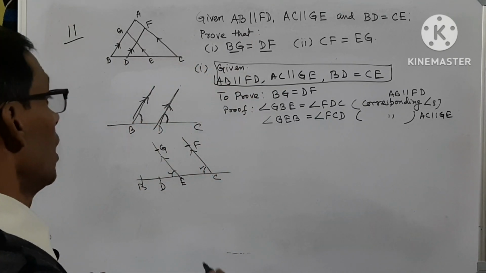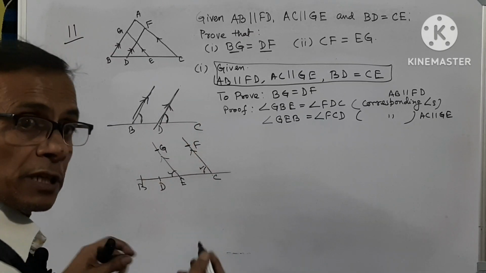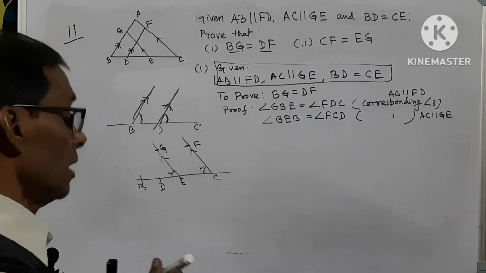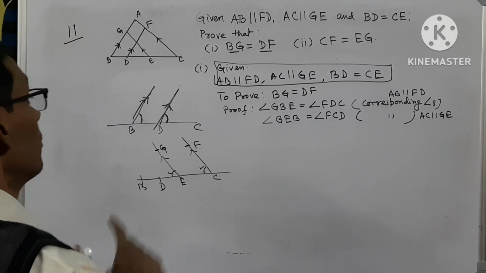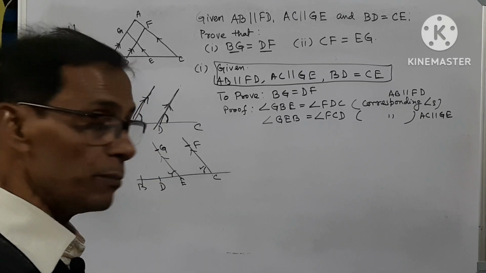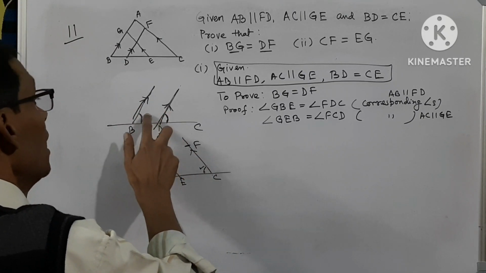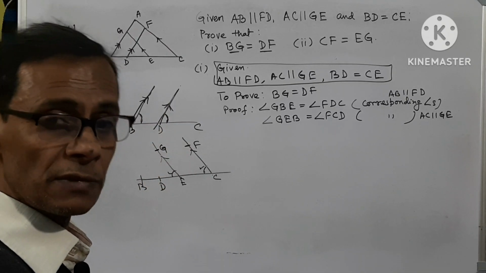Hope you understood how the corresponding angles are equal in case of two parallel lines. When the lines are parallel, then the corresponding angles are equal.